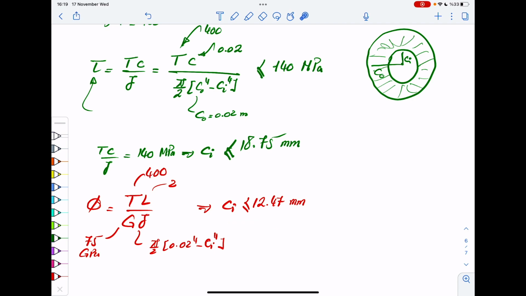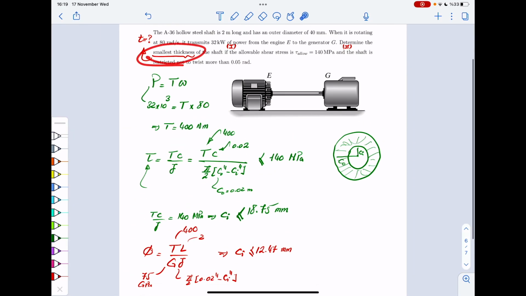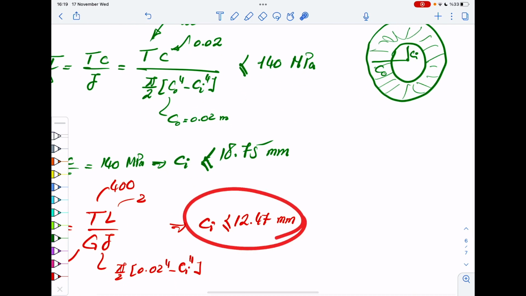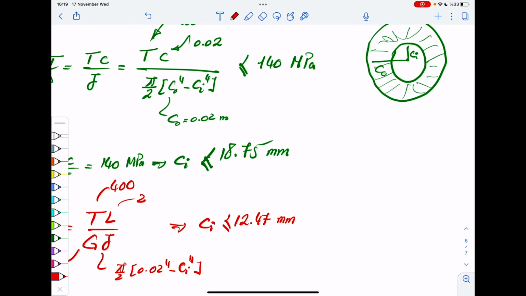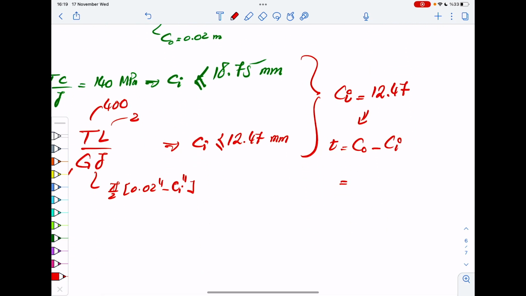Does that make sense? So now, the question asks you for the smallest thickness. That means you want to take this. Okay? So from these two, we pick the Ci, and that gives us thickness, which is CO minus Ci, to be 7.53 millimeters.